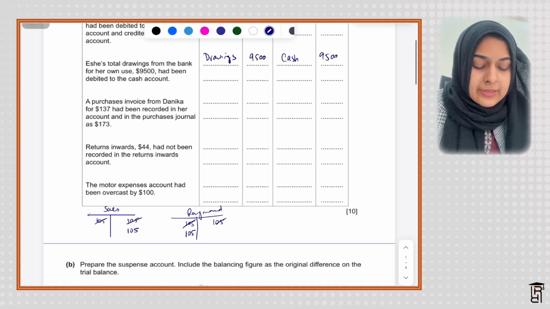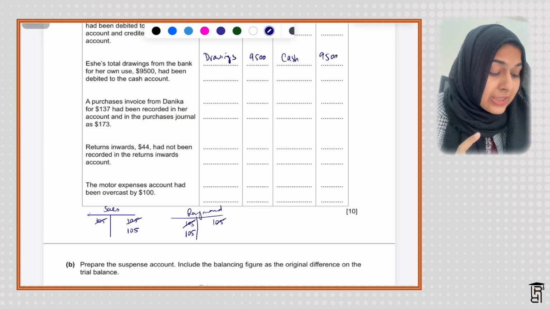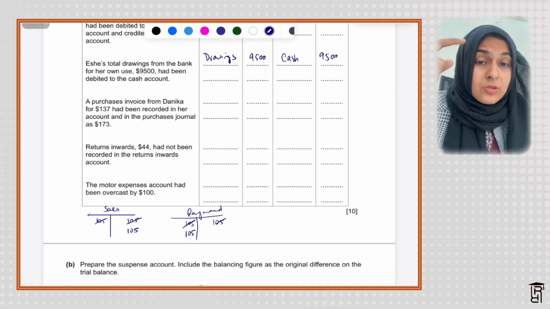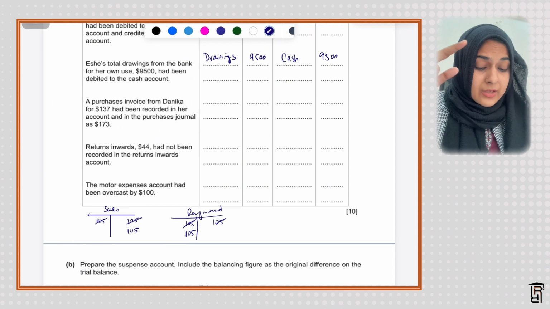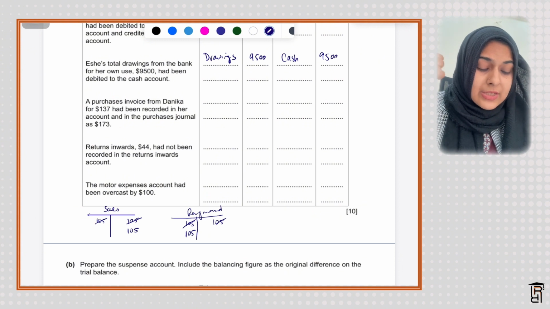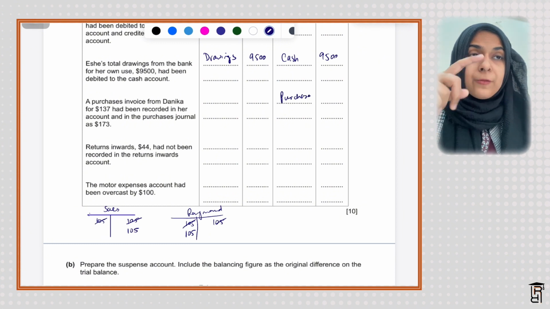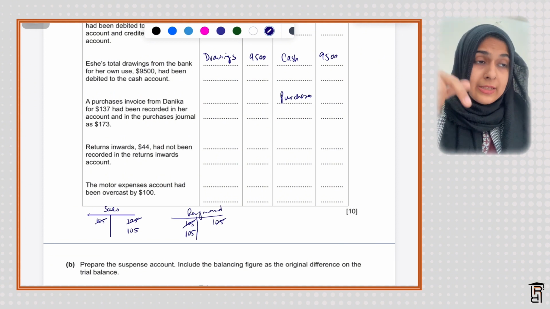The next error says a purchases invoice from Danika for 137 had been recorded in her account and in the purchases journal as 173. So purchases is also overstated by the difference. The difference here is $36. 173 minus 137 is $36. Now you need to credit the purchases account, because you have over recorded purchases by 36 on the debit side.